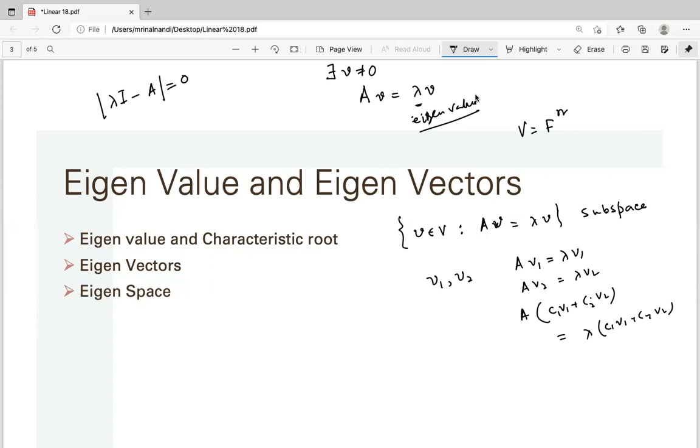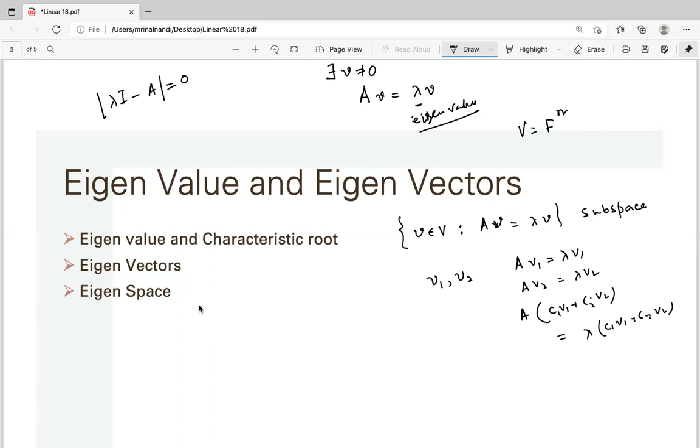So the set of all V such that AV equal to lambda V forms a subspace, and all non-zero V such that AV equal to lambda V are the eigenvectors. That space is called the eigenspace of this matrix or that linear transformation.